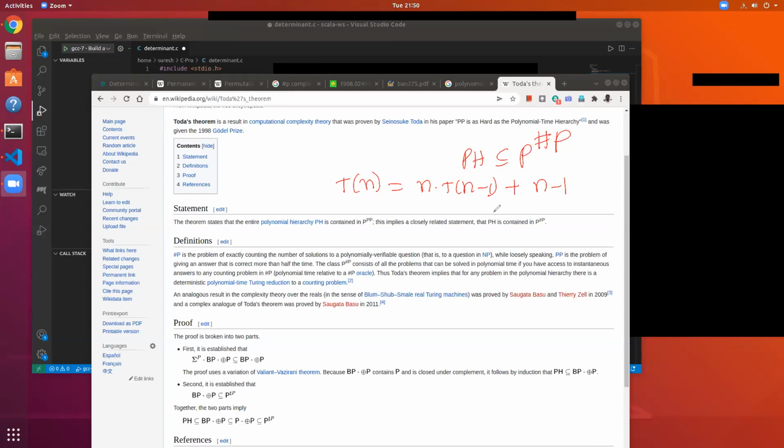We are trying to compute the determinant for n cofactors. The size of each cofactor is n minus 1 times n minus 1, and in order to sum up all the values, we are doing n minus 1 work.